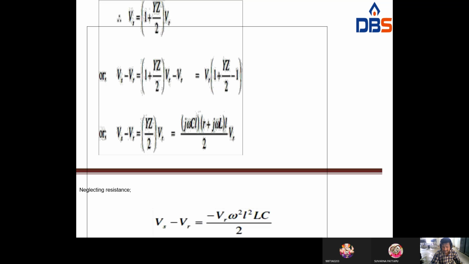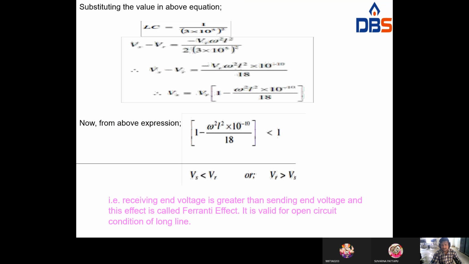L is nothing but the line length, right? Now substituting the values in the above equation, in place of LC substitute (3 into 10 power 8) squared. Why? Because omega is equal to 1 by root LC, the velocity of wave is 3 into 10 power 8 meters per second.